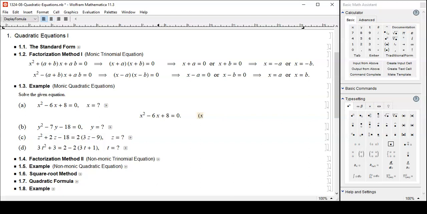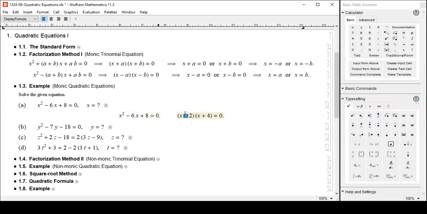So what do we have? 1 times 8? No, that doesn't work. 2 times 4? That's it. But 2 times 4, that's not right, because 2 times 4 is 8. Yeah, that's true. But 2 plus 4 is positive 6. So plus 2 plus 4, add them up, positive 6.